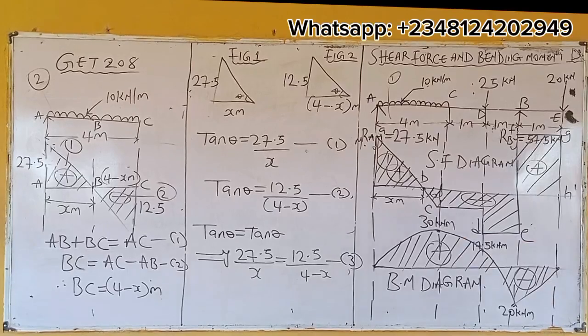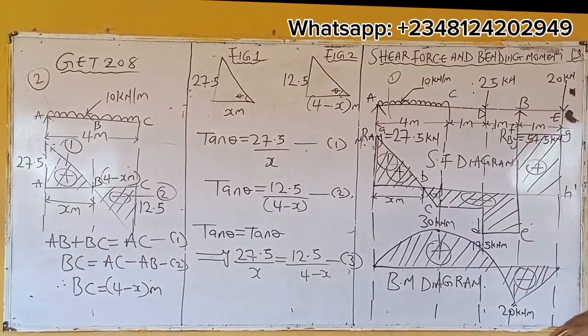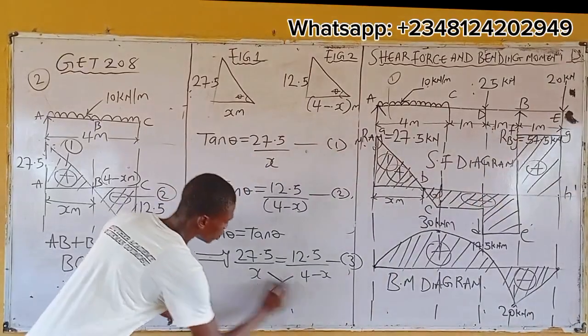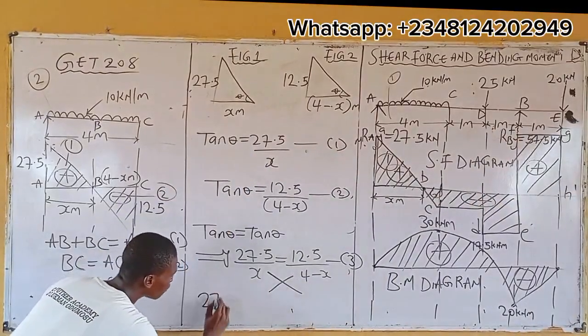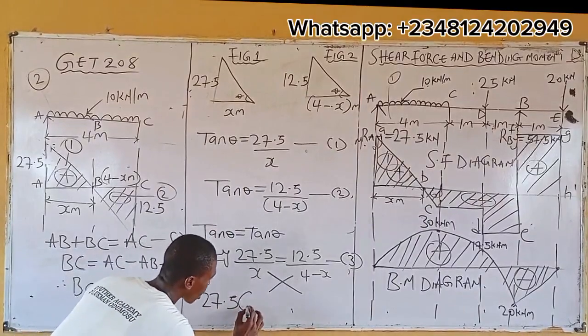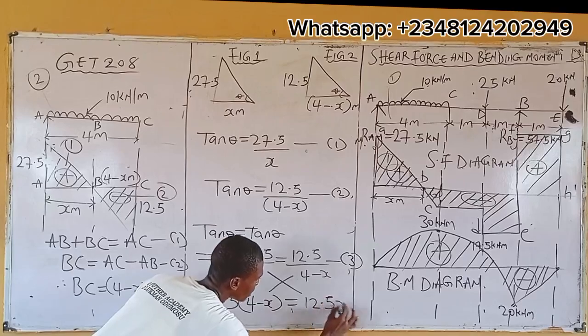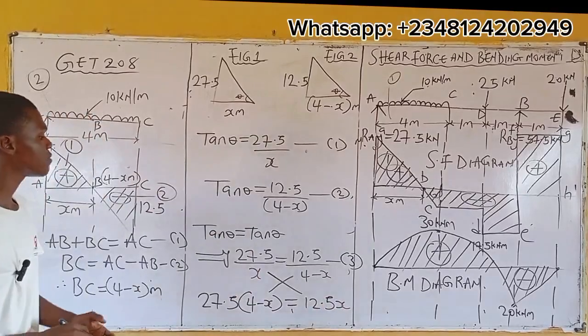Initially, I want to get the value of x up to equation 3. What are you going to do? Cross multiply. By the time you cross multiply, we have 27.5 into bracket 4 minus x is equal to 12.5x.